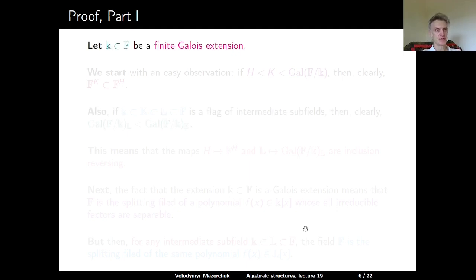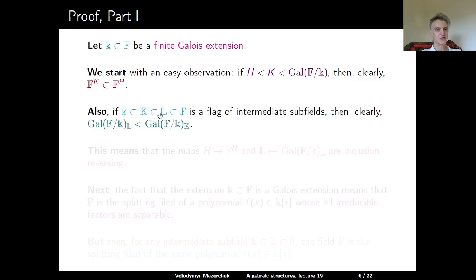So let K inside F be a finite Galois extension. We start with an easy observation: if H and K are two subgroups of the Galois group which are embedded into each other, then certainly the corresponding intermediate subfields of fixed points are embedded in the opposite way. So the bigger the group, the smaller the set of points it fixes.